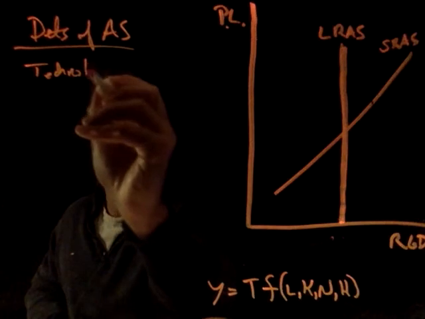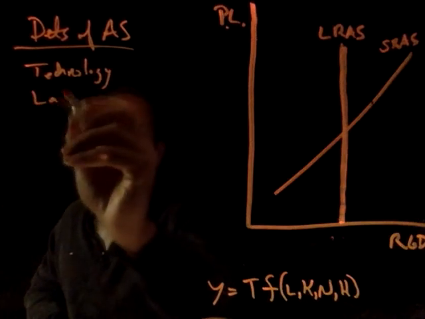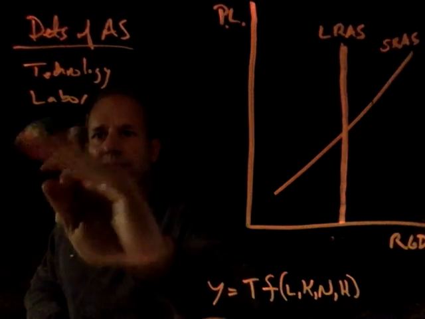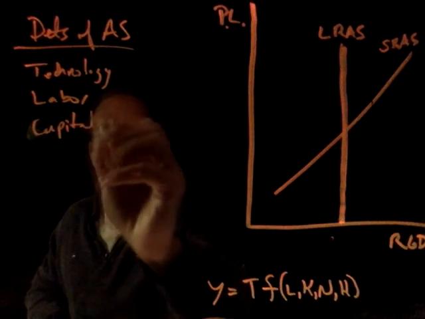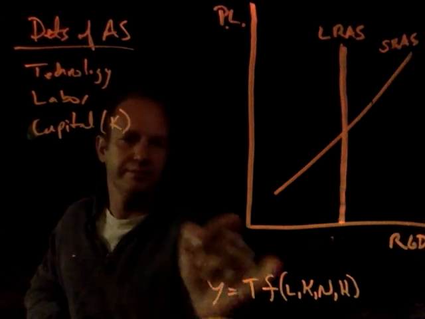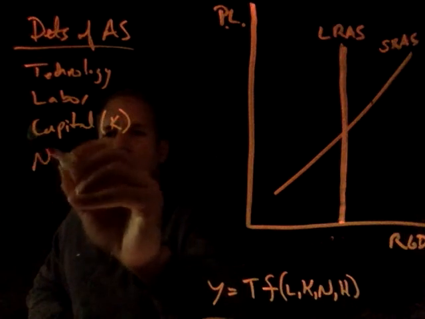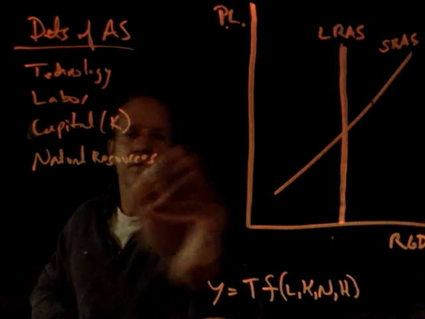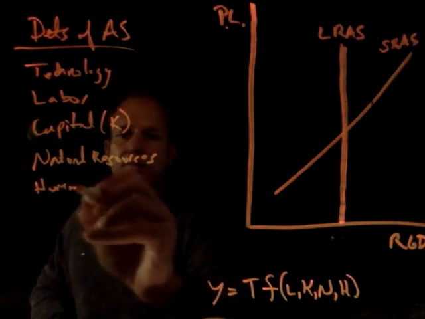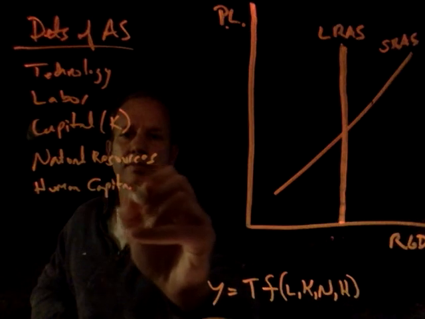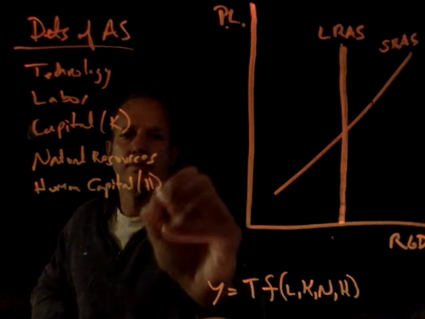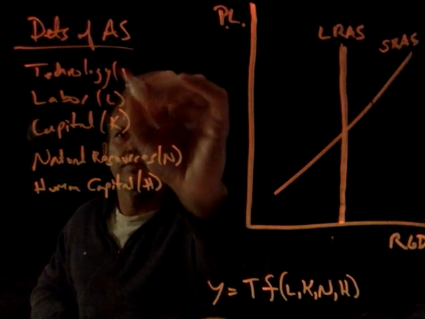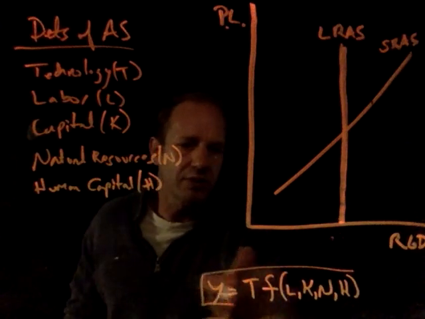Technology, labor, capital, natural resources, and human capital. We already had those with our production functions.